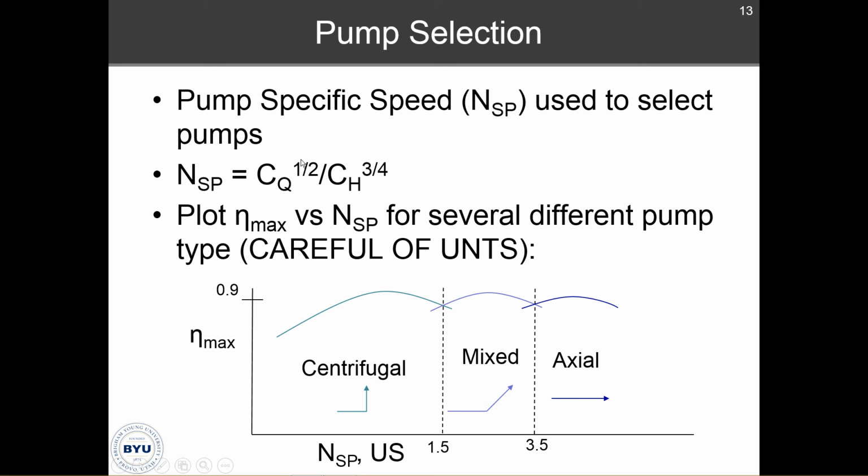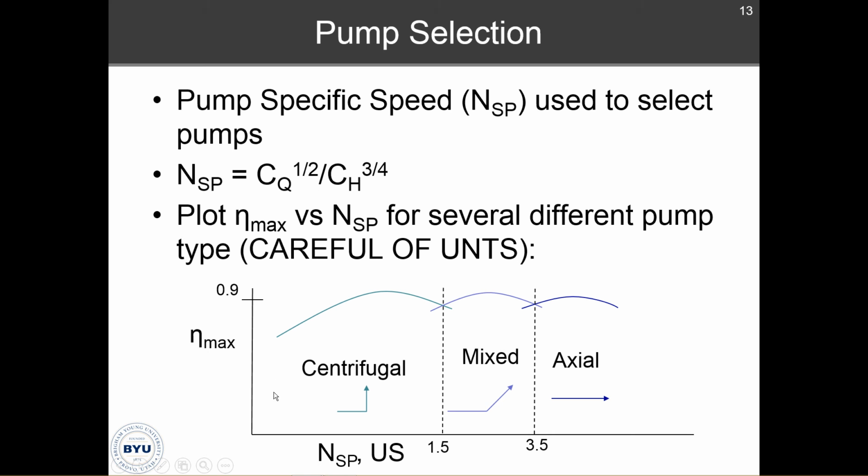And there are a lot of things we can tell based on empirical correlations using the specific speed. First of all, the efficiency has been plotted versus the specific speed for 3 different types of pump. Again, be careful of the units. Let's say, for example, you have a pump and you evaluate the specific speed to be 2.